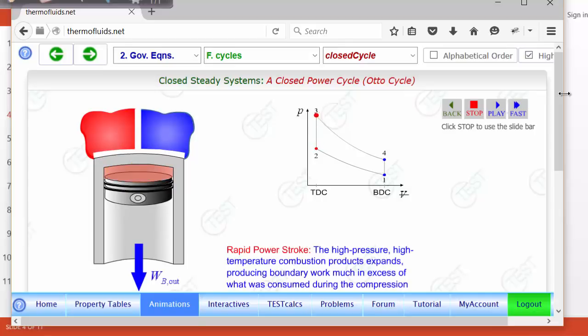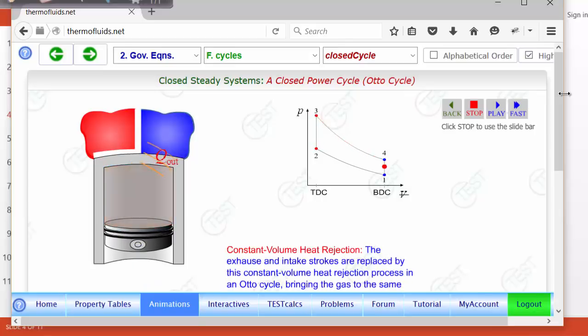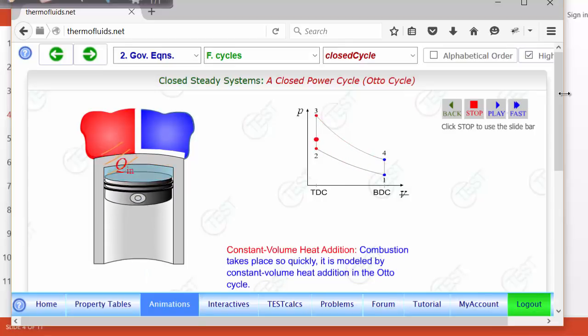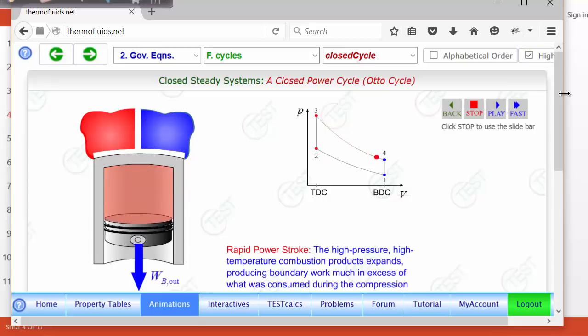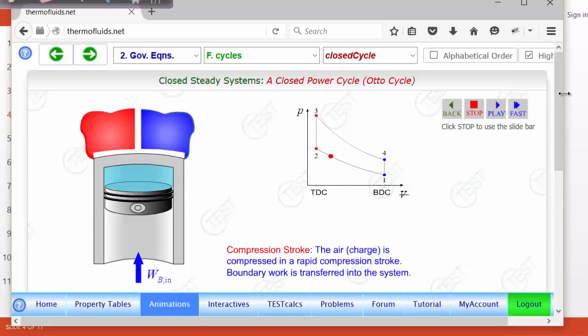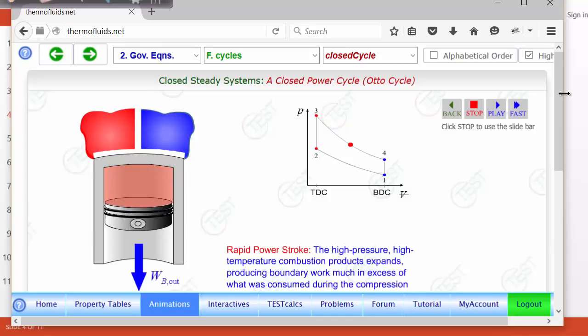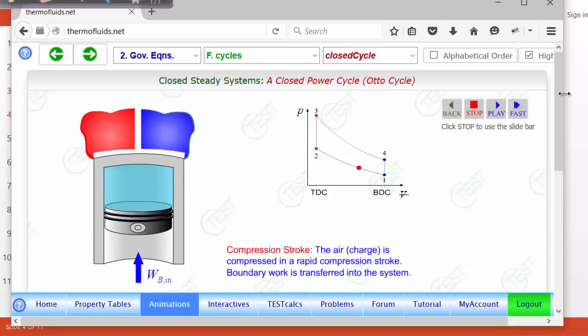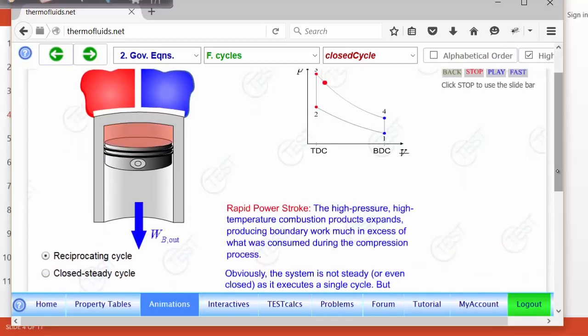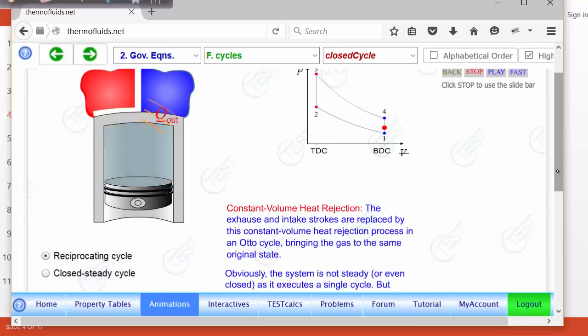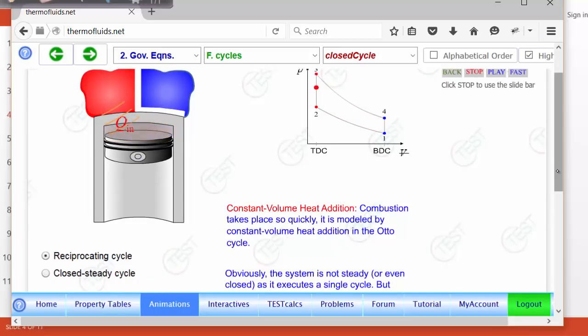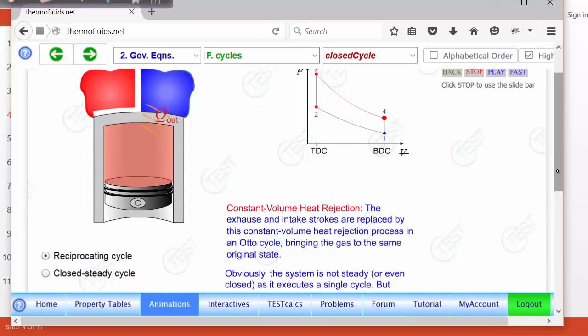But still the question remains that even though now you have a closed system, how can we say it's at steady state? Recall, a heat engine must work at steady state and continuously produce power. Well, that becomes obvious because notice this cycle takes place so rapidly. Your engine RPM is probably 3000 RPM.